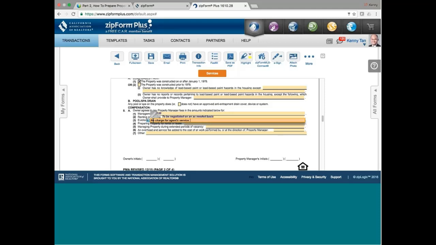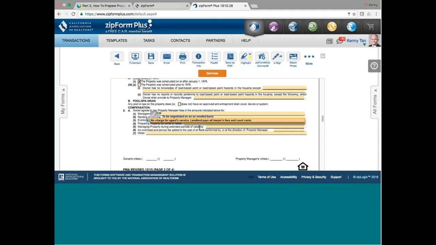Landlord pays all lawyers' fees and court costs. So in other words, as part of your property management responsibility, you can specify whether you want to be paid extra if you do an eviction or not. In this case, we say no charge. The landlord pays all lawyers' fees and court costs.